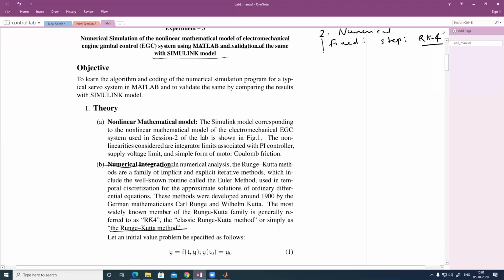There, the configuration parameter will do the RK4 algorithm, but here in MATLAB you have to write a code for that. How to write the code and how it is working, those things we are discussing today.